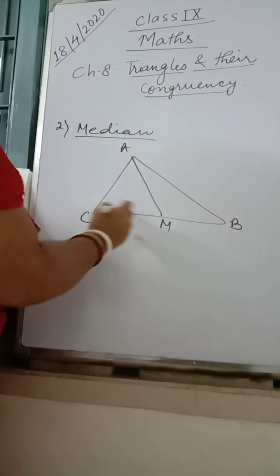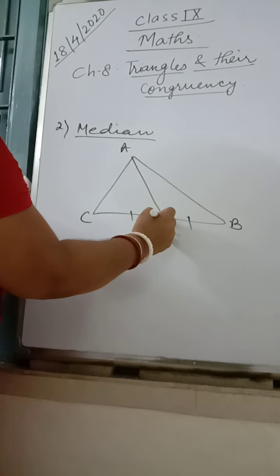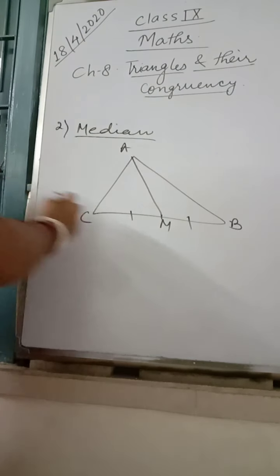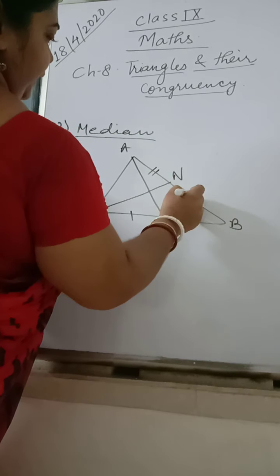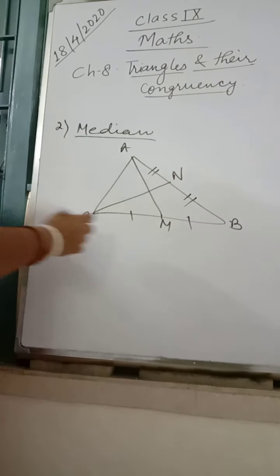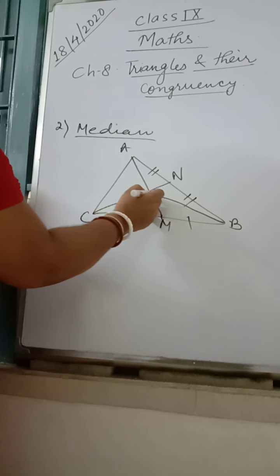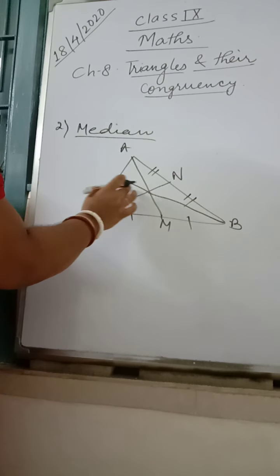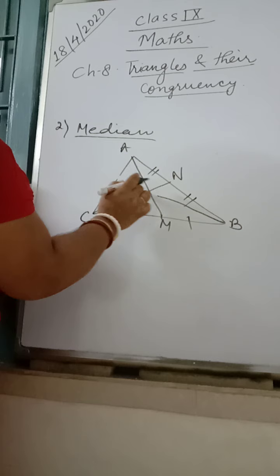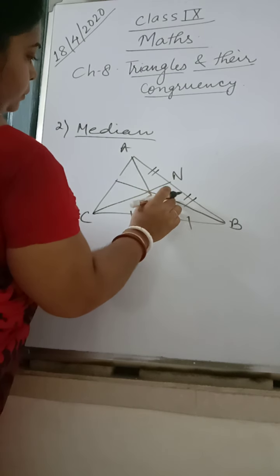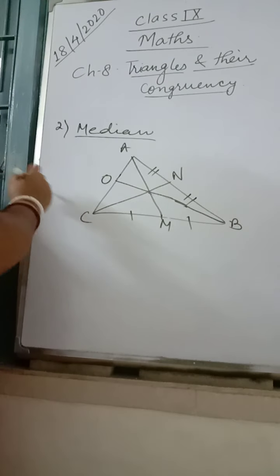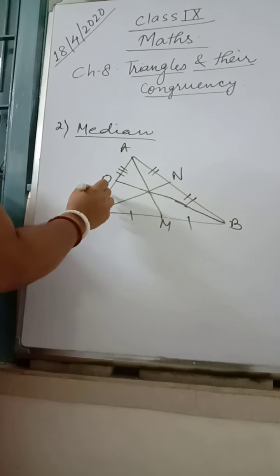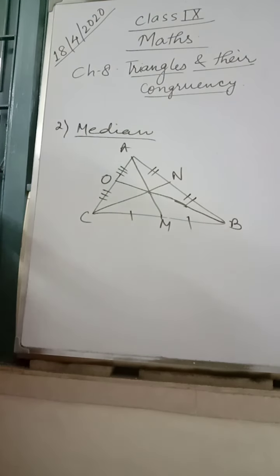So AM is a median which divides the base into two halves. CN is a median which divides this base into two halves. And BO is a median which divides this base into two halves.